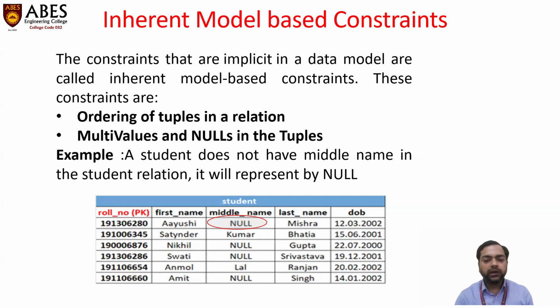And whenever we don't know a value, in place of a value we can place null in the tuple. For example, if a student does not have a middle name in the student relation, it will be represented by null. These are the inherent model based or implicit constraints, which means they are automatically applied when you create a relation or enter values into it.